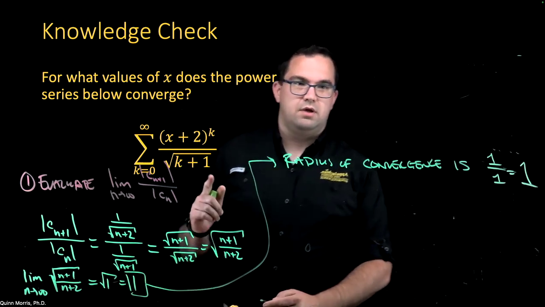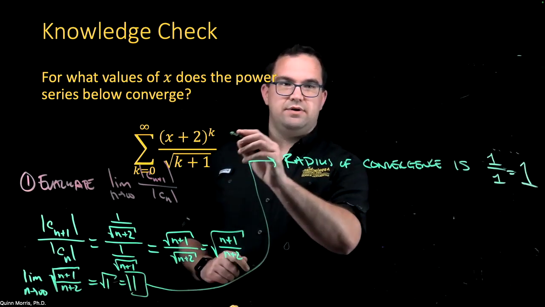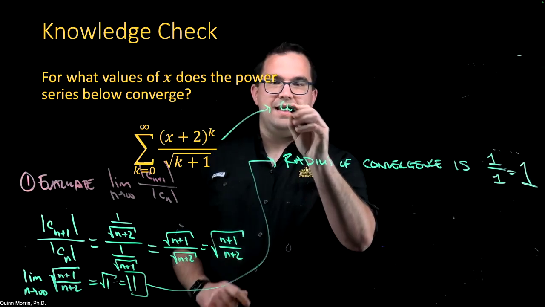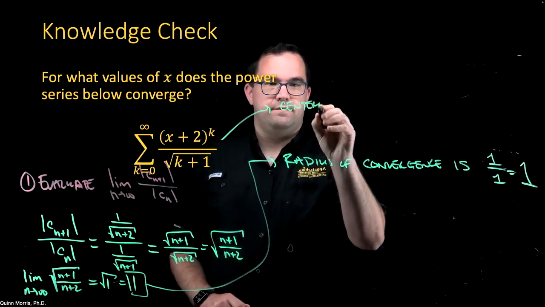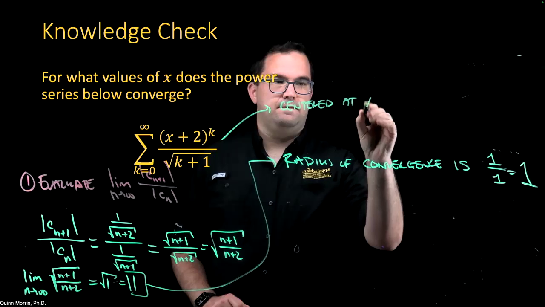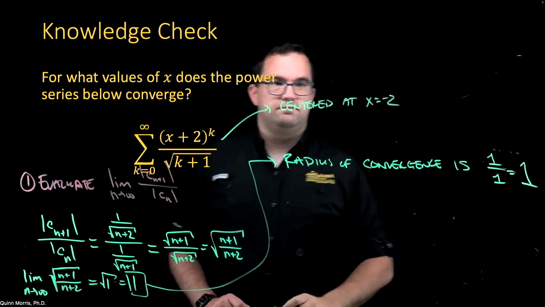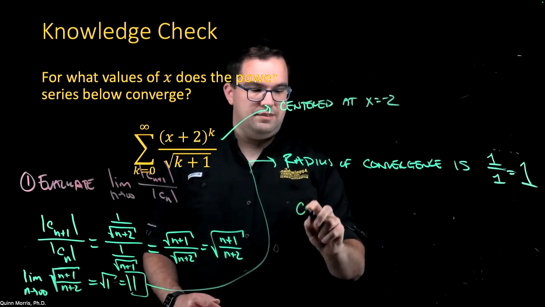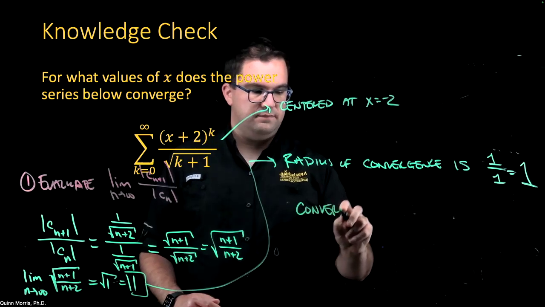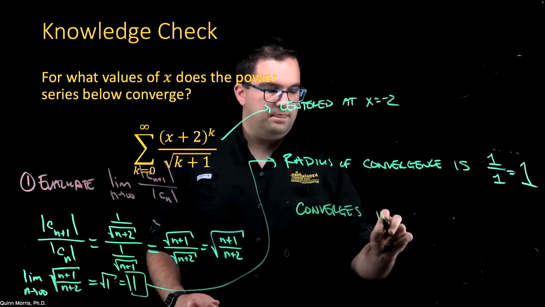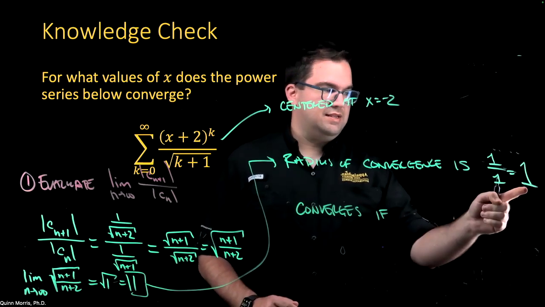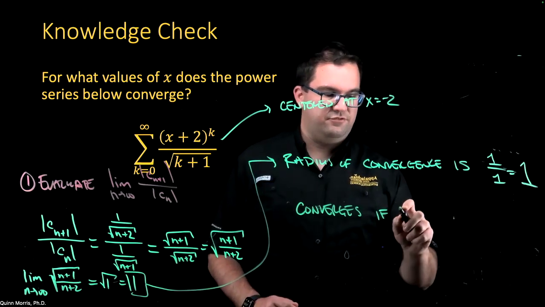And so if I look back at this series, this series was centered at -2. Okay. And so I get that this converges if I'm within distance 1 of -2.